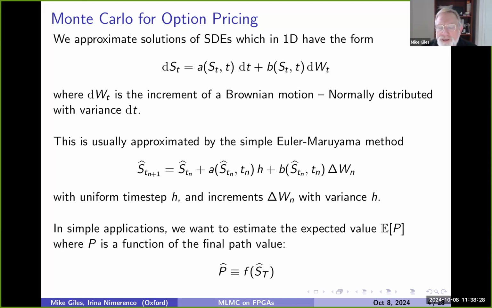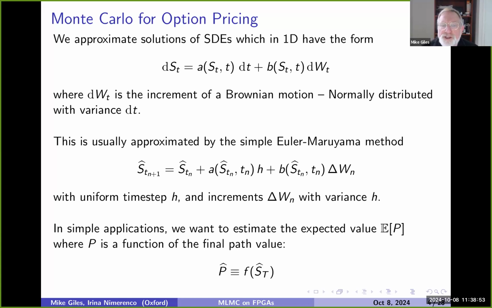The simplest way to approximate this is using an Euler-Maruyama discretization, where we freeze the drift A and the volatility B at the start of the time step. We multiply the drift by the time step h, and we multiply the volatility by the increment delta W for the Brownian motion.